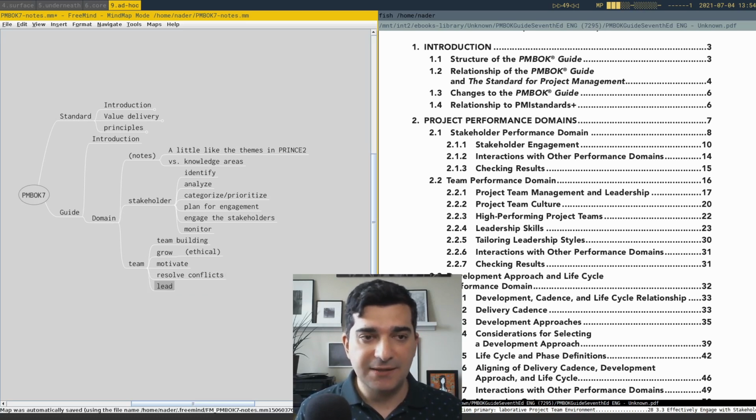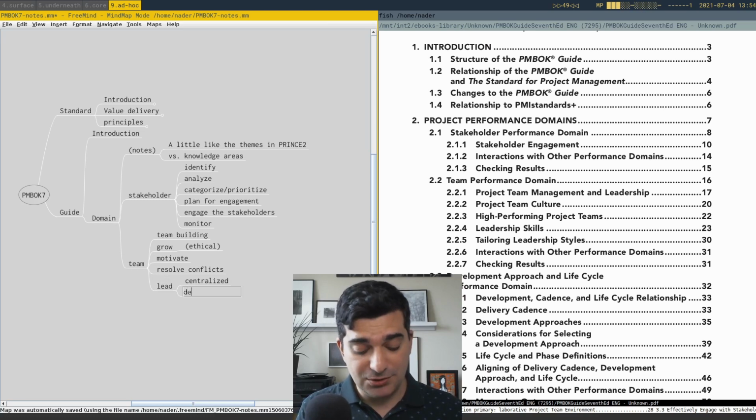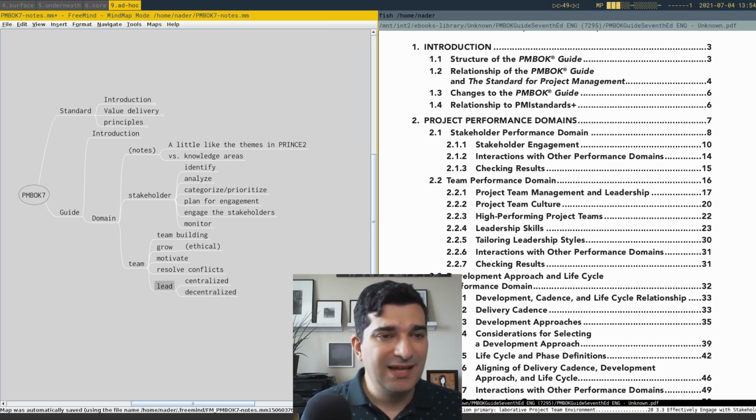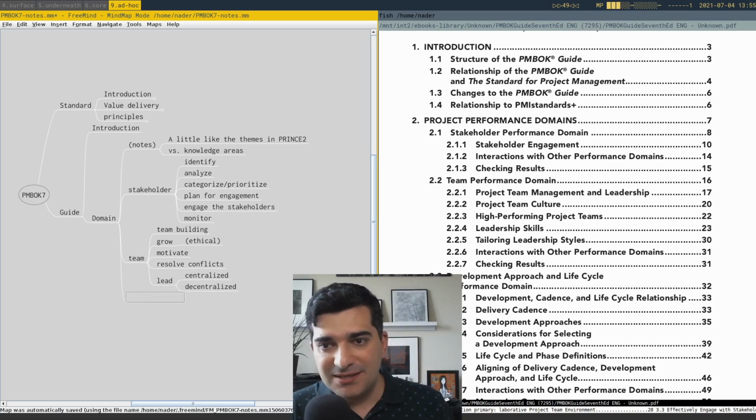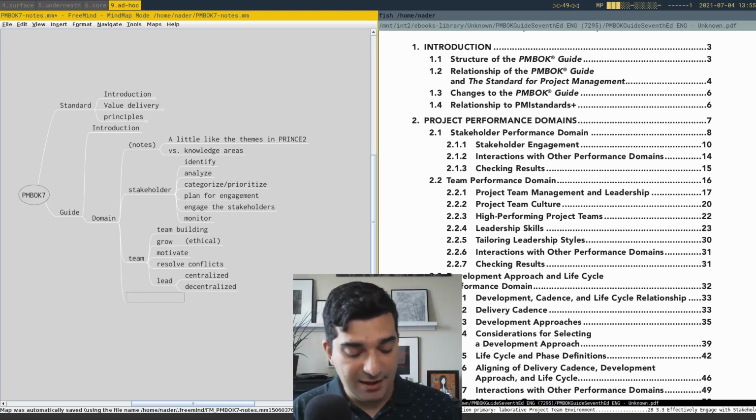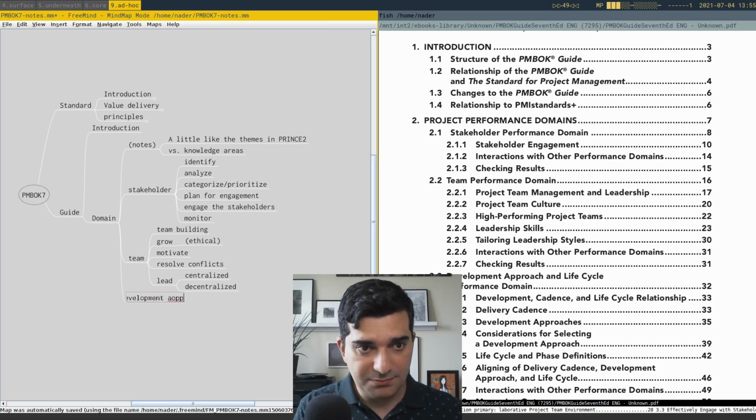And when it comes to leadership, as we talked about before, we have centralized leadership and also decentralized leadership. You have to consider both of them, see which one works better for you. The next domain is about the development approach and the life cycle.